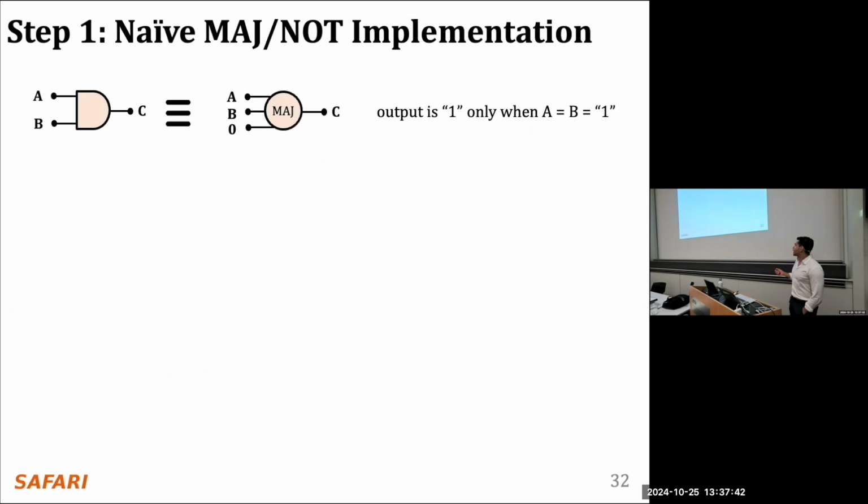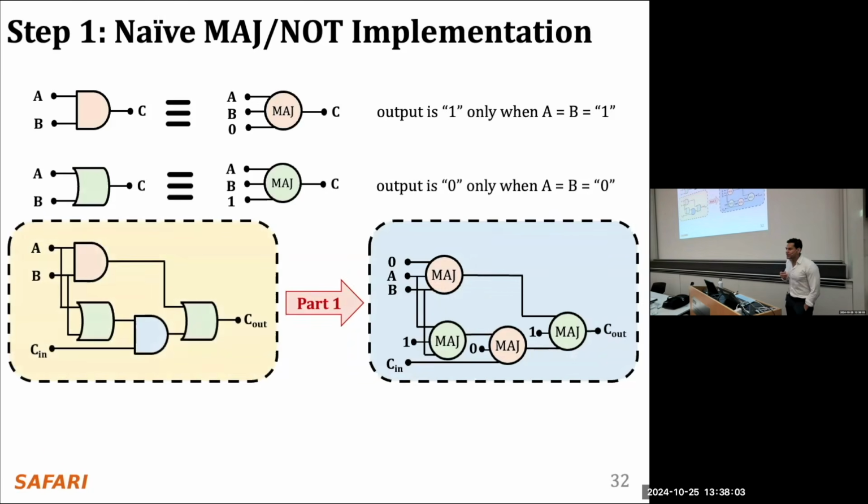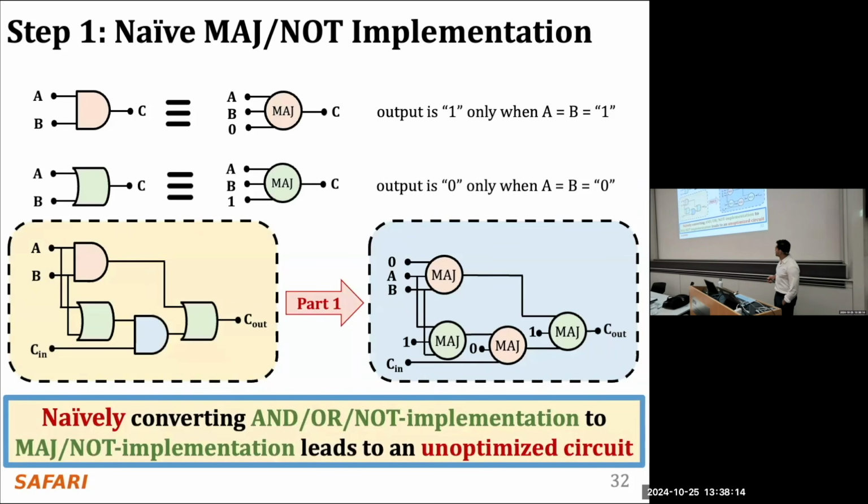So if you want to do an AND gate and you only have a majority gate, you just set one of the inputs to 0, and if you want to do an OR gate using a majority gate, you set one of the inputs to 1. So you can take our initial graph, use this equivalence, and then each gate is going to be represented by the equivalent majority gate, giving the majority-NOT version of the same circuitry.